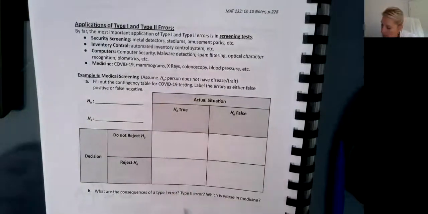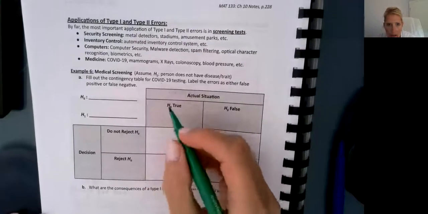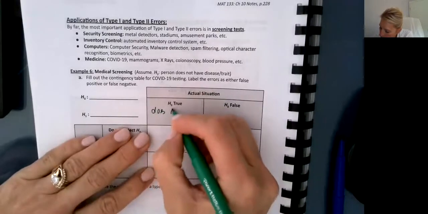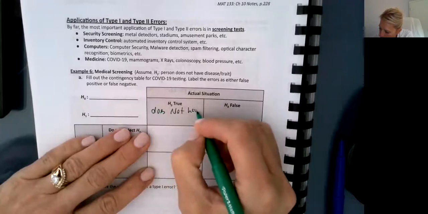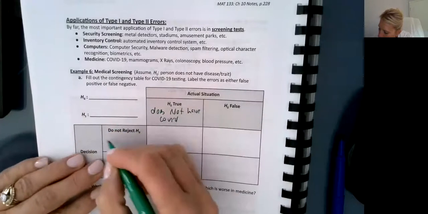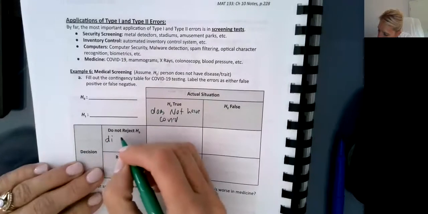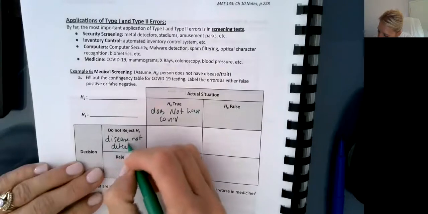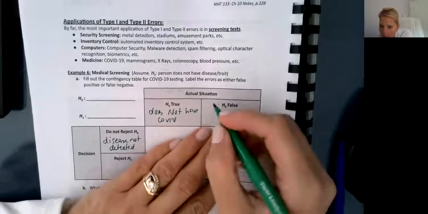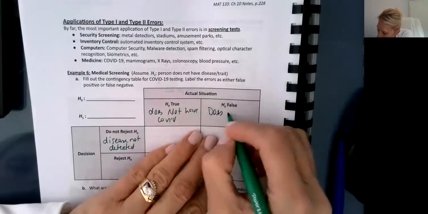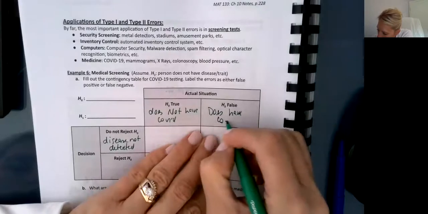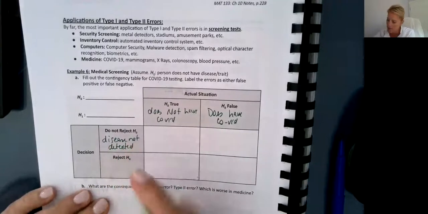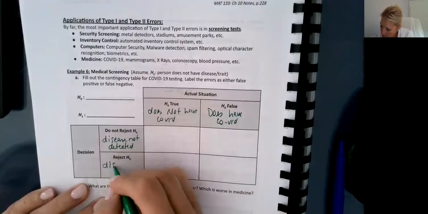So true is does not have COVID and disease not detected from the actual test. And then over here is does have COVID. And then if this one is the disease is not detected, this one is the disease is detected.